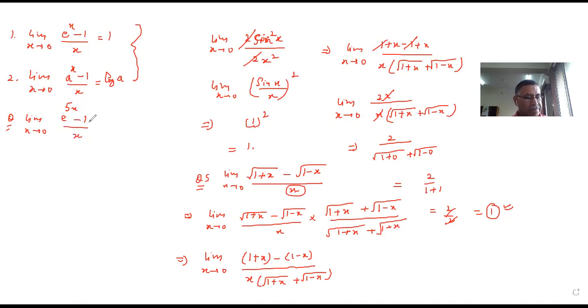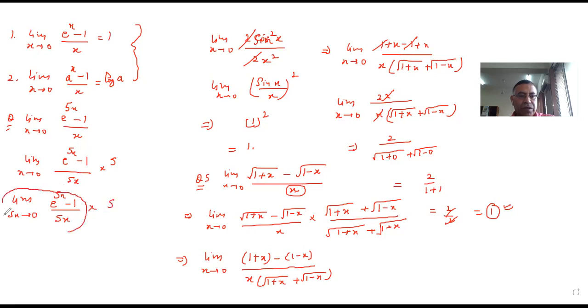This has to be solved. Now see, the theorem is e raised to x minus 1 over x. So here it is e raised to 5x minus 1 over x. So what I will do, I will multiply and divide by 5. Limit either x tends to 0 or 5x tends to 0, doesn't matter. So (e raised to 5x minus 1) over 5x multiplied by 5.